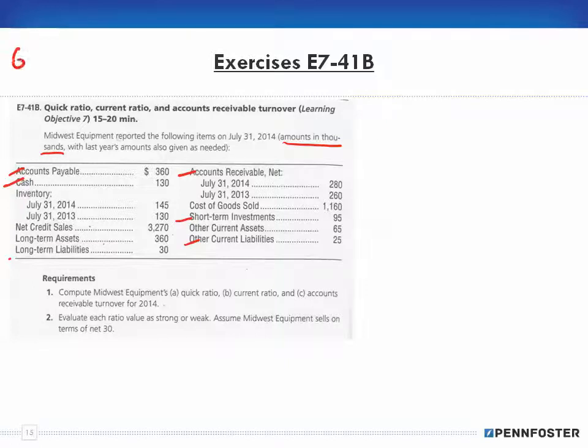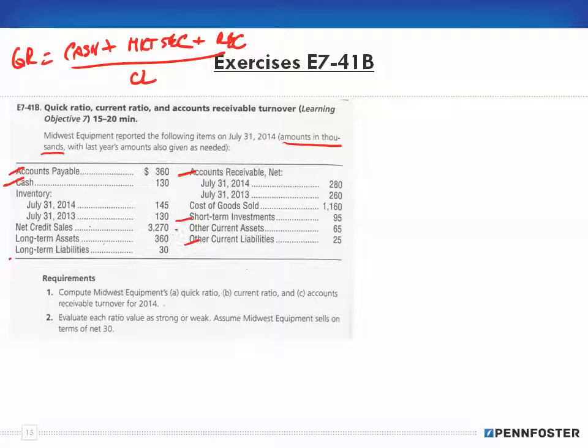Remember, for the quick ratio we have basically our cash plus the short-term investments, I call it marketable securities, and our receivables, and that's over our current liabilities.